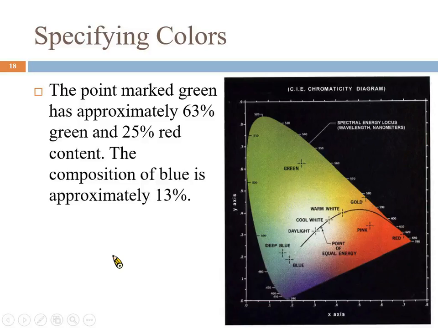Here you can see a figure where all the visible light can be represented as a combination of x, y, and z. This is the x-axis, this is the y-axis, and because specifying x and y already specifies z, we don't show z here.